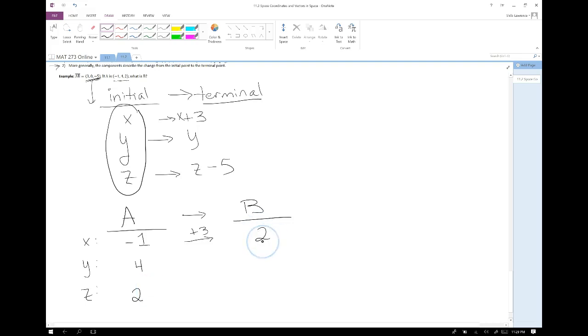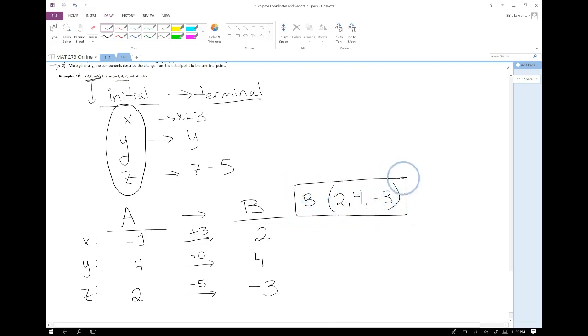That puts the x-coordinate of B at 4. The y-coordinate does not change at all because the component is 0. And then the z-coordinate needs to decrease by 5. So negative 2 minus 5 is negative 7. This puts our terminal point B at 4, 4, negative 7.